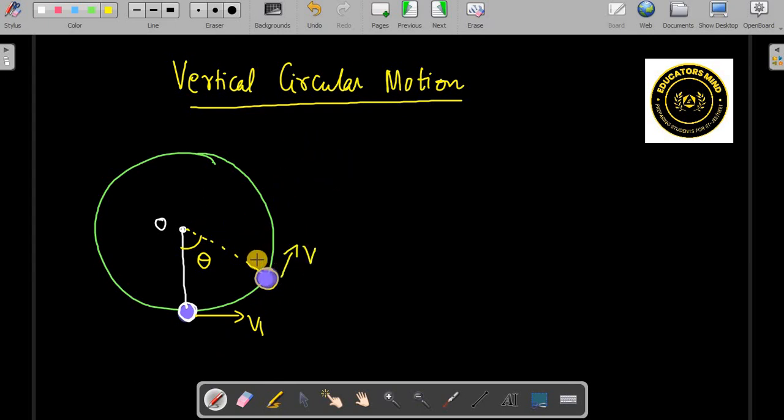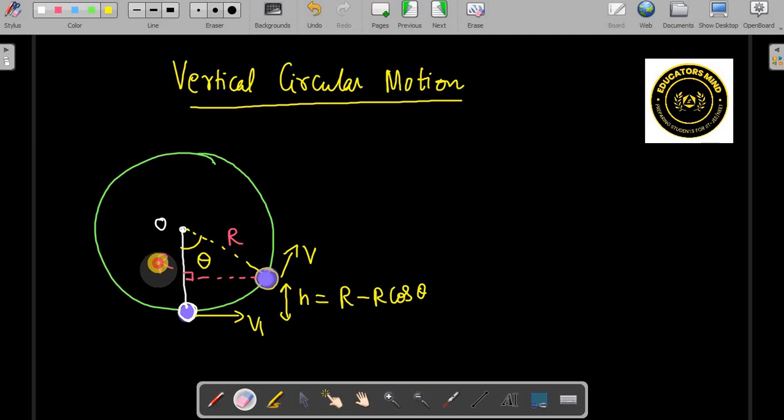Let's calculate this speed. How to apply energy conservation? First of all, this is radius r, this is radius r. You drop a perpendicular here, right? So this distance from here to here becomes r cos theta, and this becomes r sin theta. So the height will become r minus r cos theta.